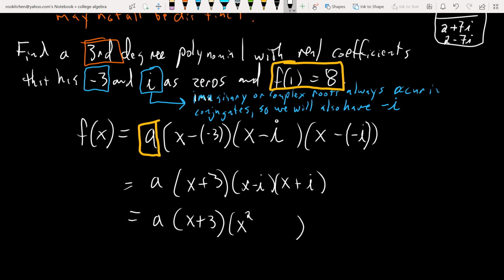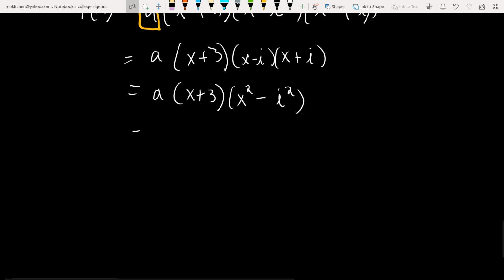If you've forgotten, at the top over here, i squared is equal to -1. So you're going to have x squared minus i squared, and i squared is equal to -1. So I'm going to replace i squared with, you guessed it, -1.